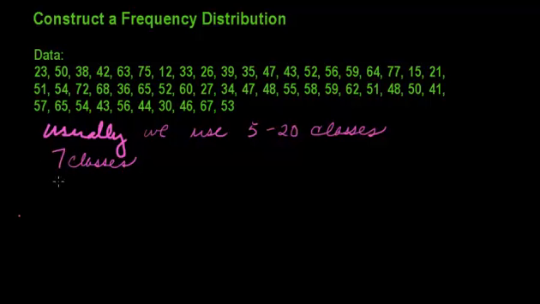In order to compute the class width, there's a little calculation we can do where we take the range of the data and divide that by the number of classes. Well, recall the range is just the maximum value minus the minimum value.